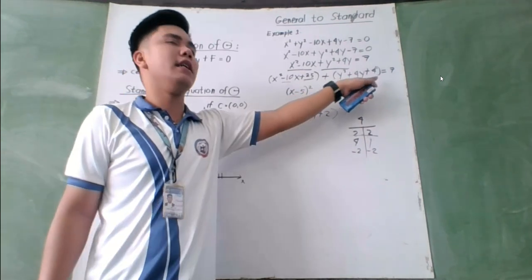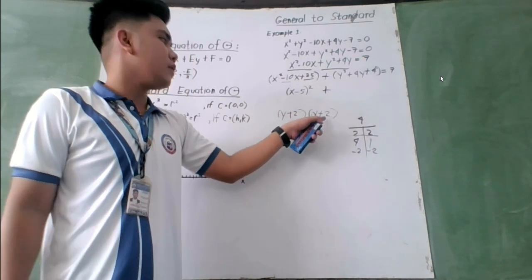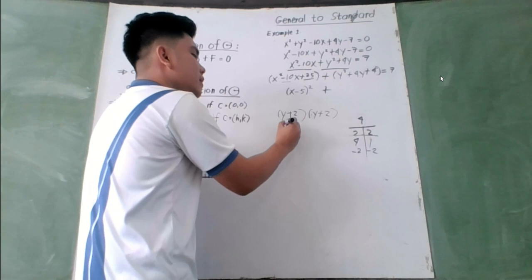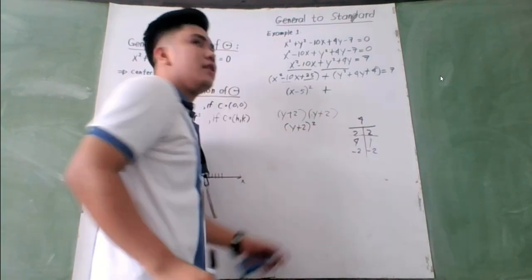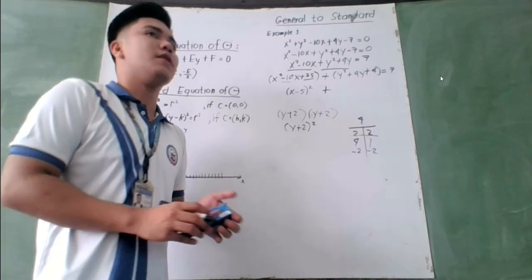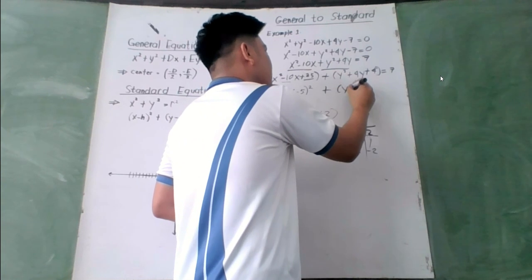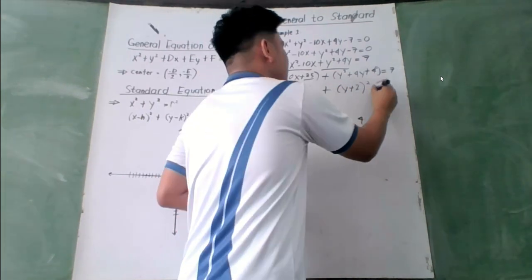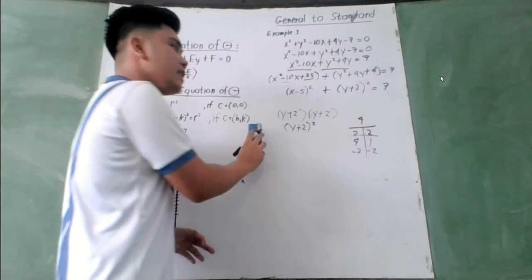And we are only finding the constant here, which is only 2 and 2. Since it is a perfect square again, you will have y plus 2 squared. That is the answer. You can copy that one there, y plus 2 squared, and then bring down equal to 7.